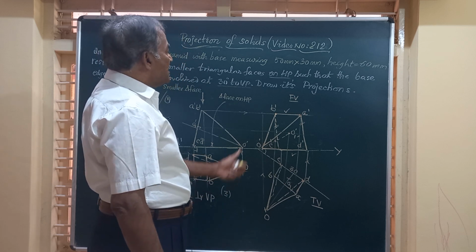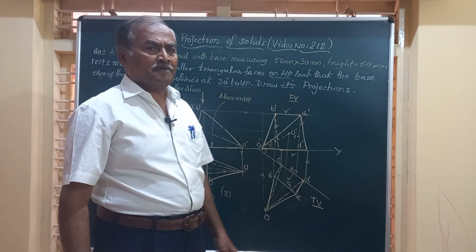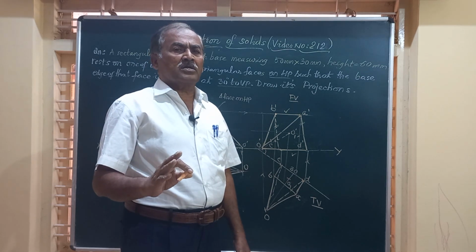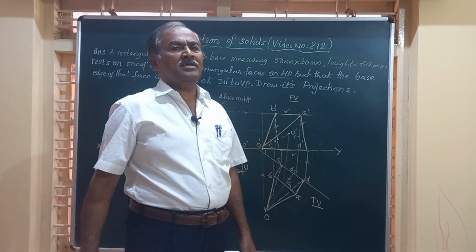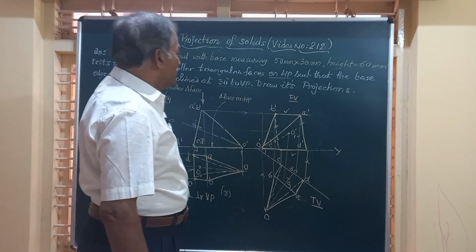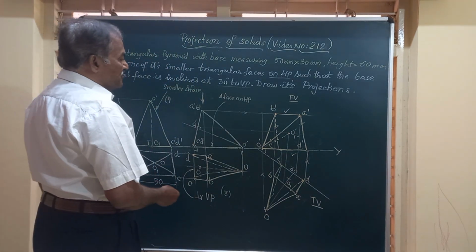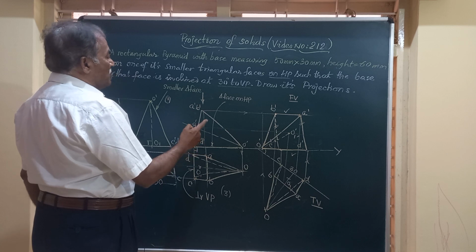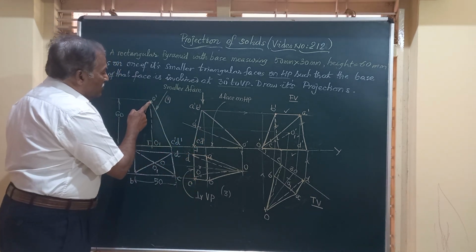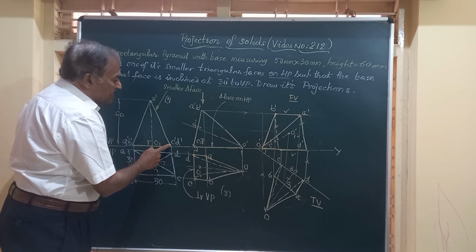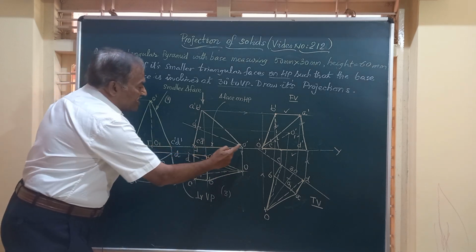And before we conclude, we have to check whether the solution we have got is correct or not. That can be seen only in the final front view and top view. Friends, you see here, the object is resting on one of the triangular faces, the shorter triangular face, that is the smaller one. O dash, C dash, D dash is the triangular face that is on HP.